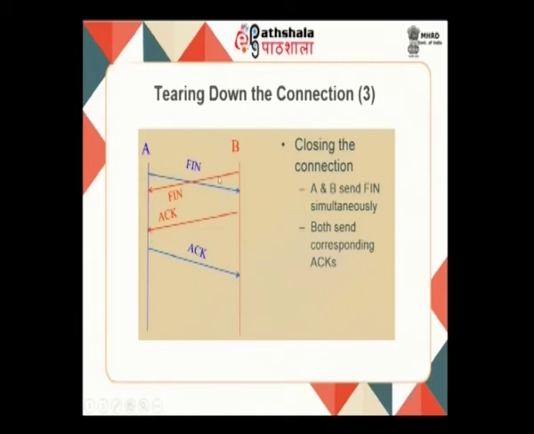And similarly, once B's FIN reaches A, A has to send an acknowledgement for that. Only when the acknowledgements are received by both sides are the connections closed on both sides. So, these are various possibilities that you have. You can also have a situation where these two ACKs could actually cross each other. That is also a possibility. All these different combinations have to be handled by TCP, and they are effectively handled by TCP.